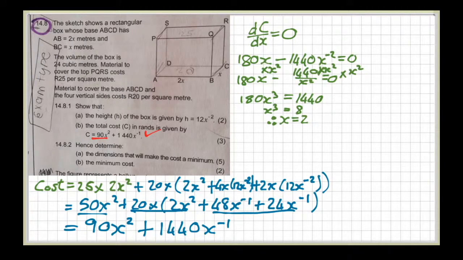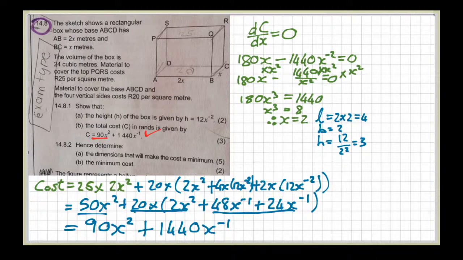Now I've got x, but I'm not done because they ask me for the dimensions. So the length is 2 times 2, so that's 4. The breadth is 2, that's just x. The height is 12 over 2 squared, so that is 3. And there I've got the dimensions.